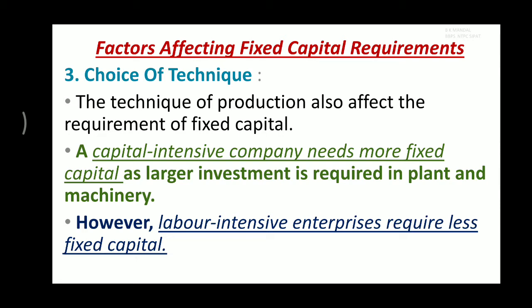So wherever capital intensive techniques are used, the need of fixed capital will be more due to larger investment in plant and machinery. Whereas in case of labor intensive enterprises, the requirement of fixed capital will be less due to lesser investment in plant and machinery.